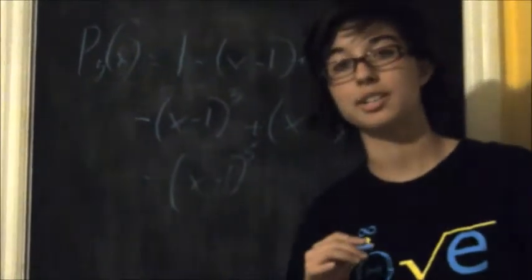And there you have it. That is the Taylor polynomial for 1 over x.